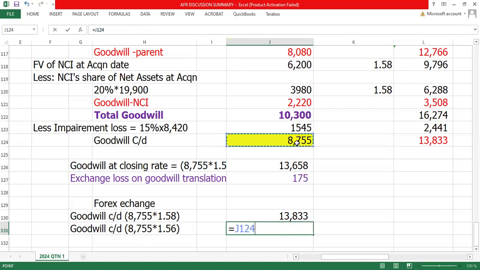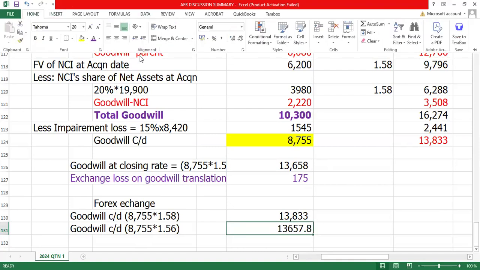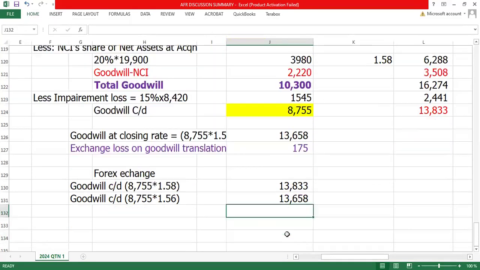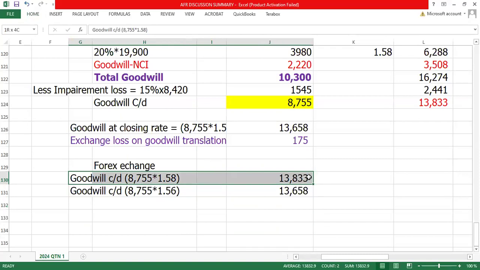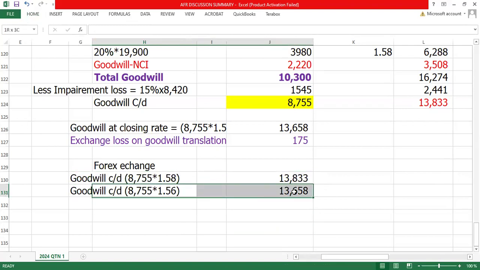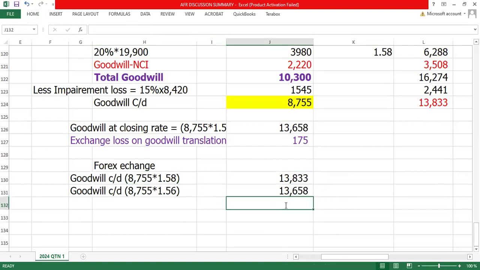It gives you this times the closing rate, 1.56. It gives you a whole number. If you compare the two, you see that if you were to record that initially, you would have recorded at this, but now you are recording it at this, which is now at a loss of 175.